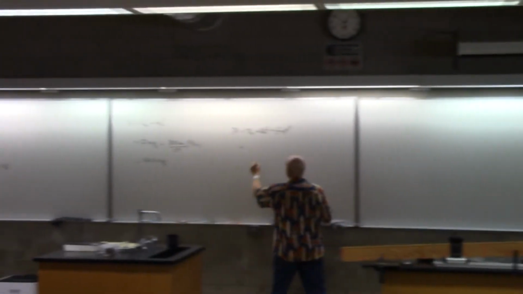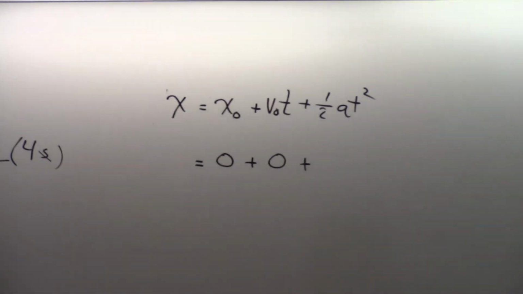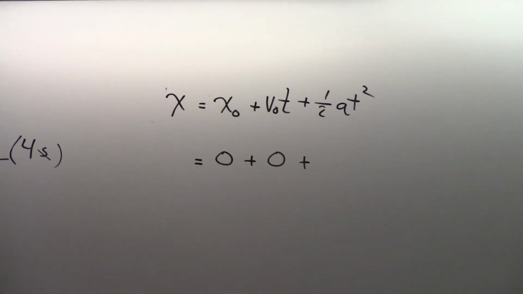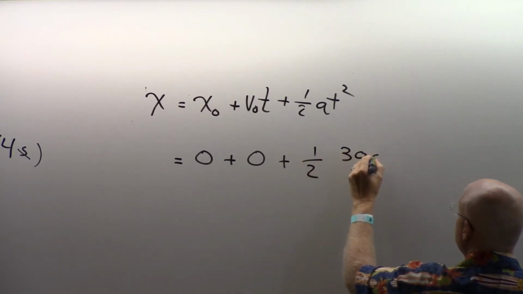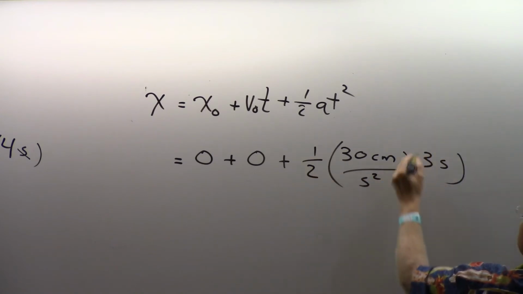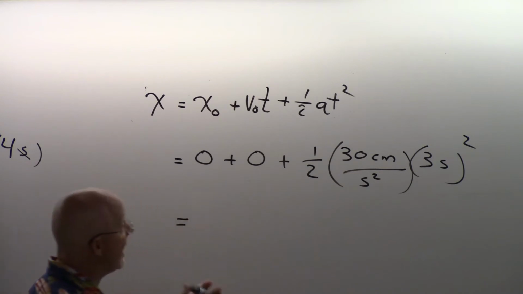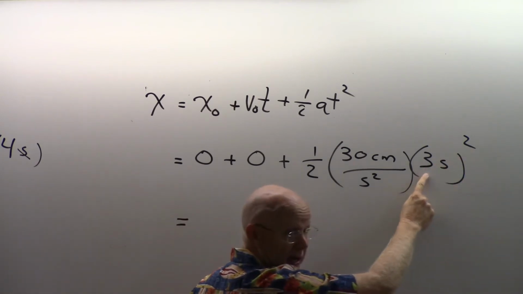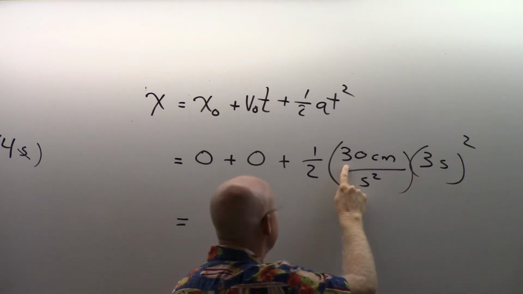So I'm going to put here a 0 for the initial position. Remember, I released it from rest, so there is the initial speed of 0. And then I'm going to have a 1/2. Then I'm going to have 30 centimeters per second squared. And then I'll have 3 seconds squared. And as I do the math, you'll see here that, of course, 3 squared is a 9. 9 times a 3 is a 27.